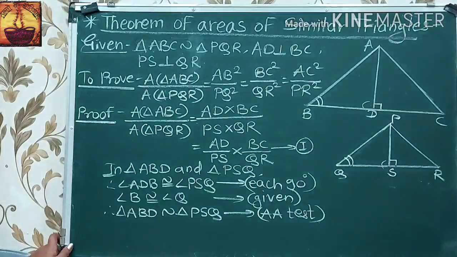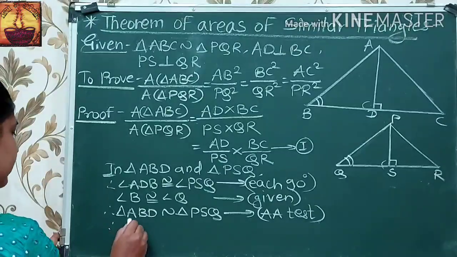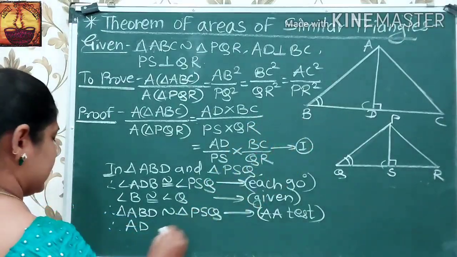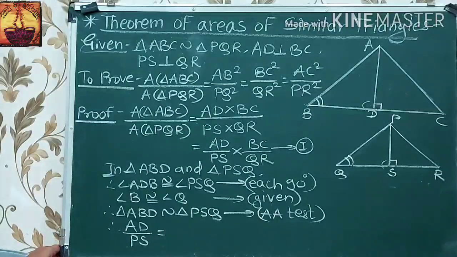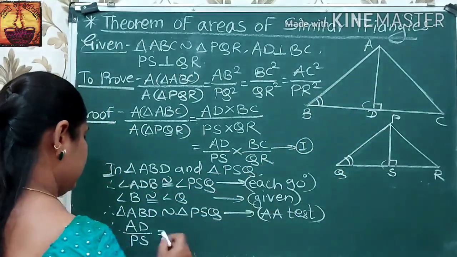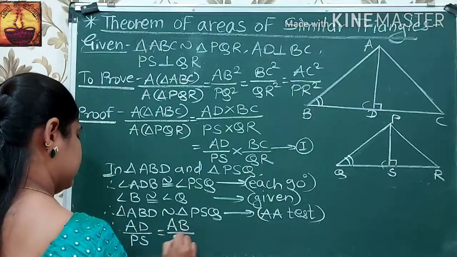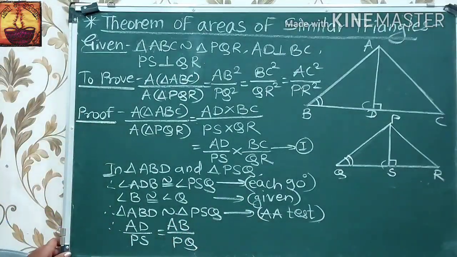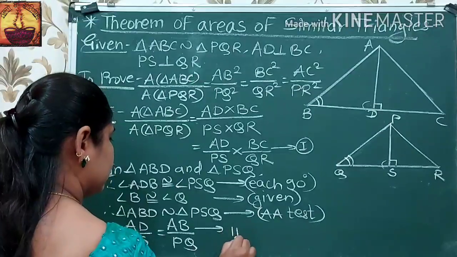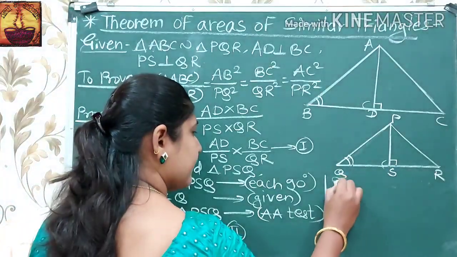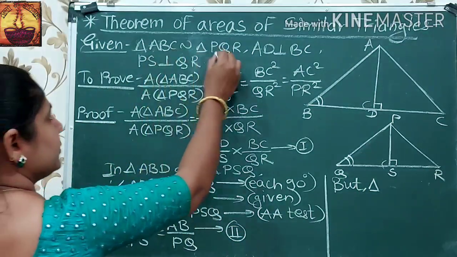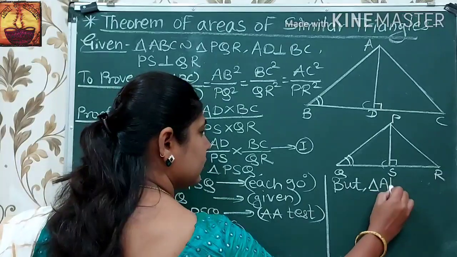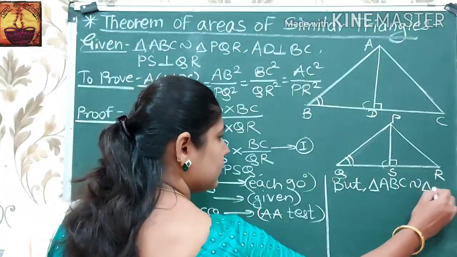If these two triangles are similar, then we have AD upon PS is equal to AB upon PQ. Consider it as number 2. But we have triangle ABC similar to triangle PQR.